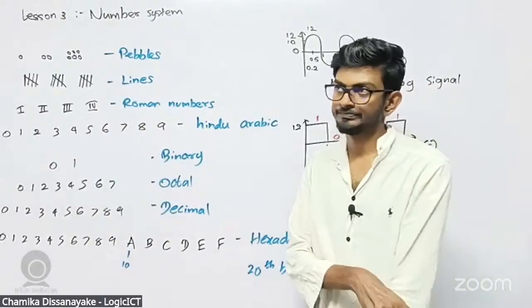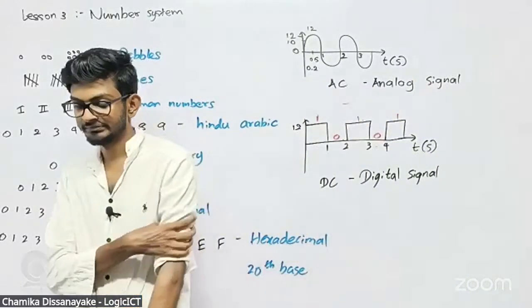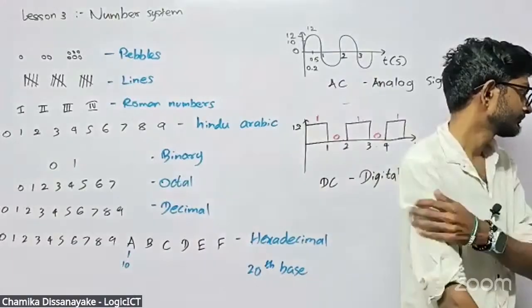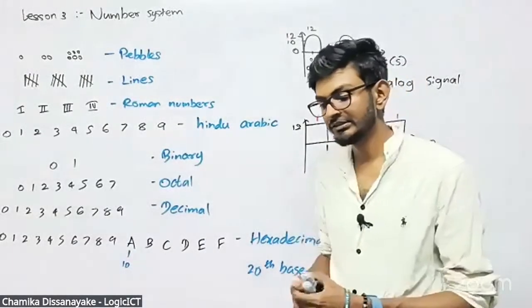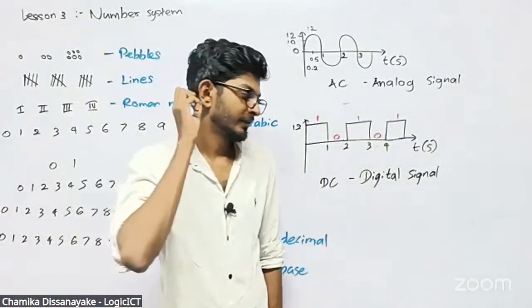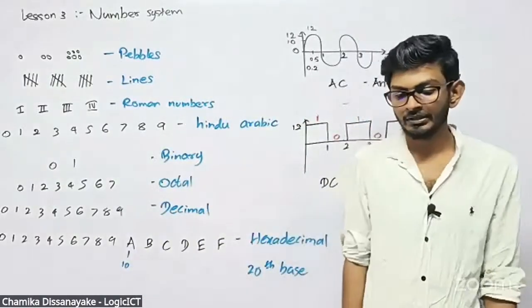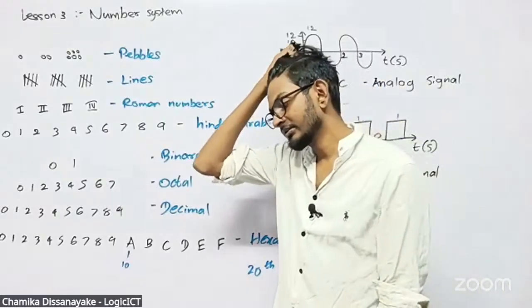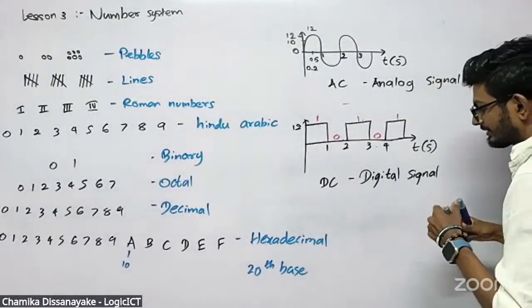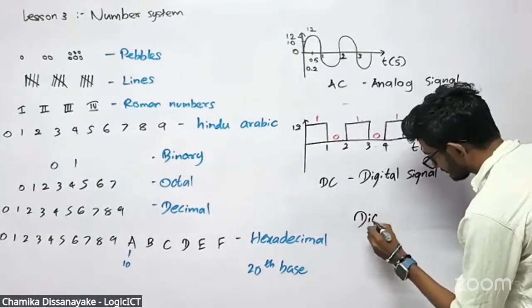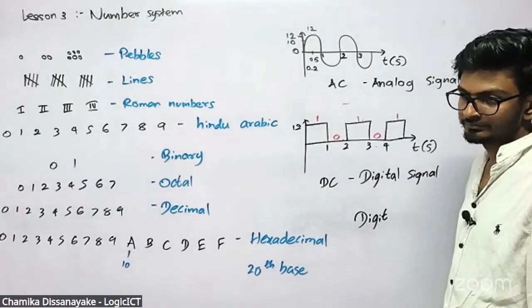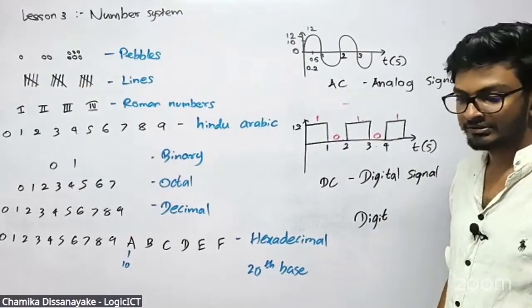A number is formed by combining multiple digits (symbols).